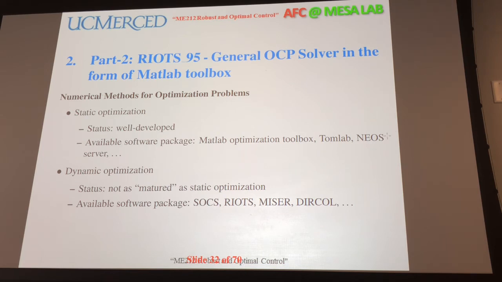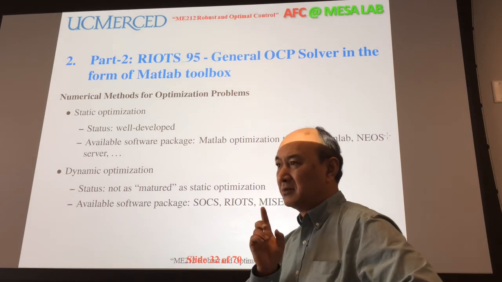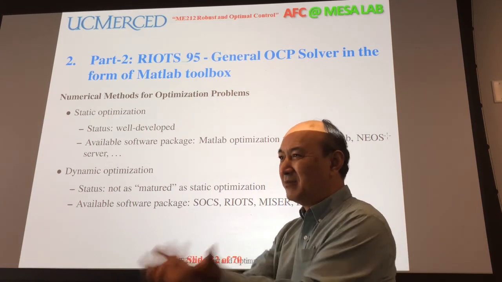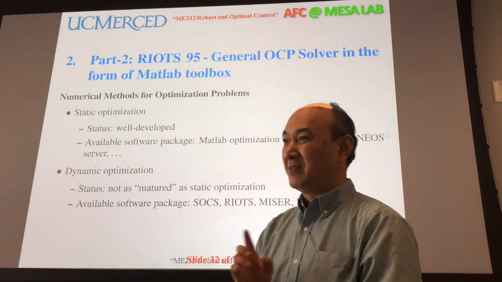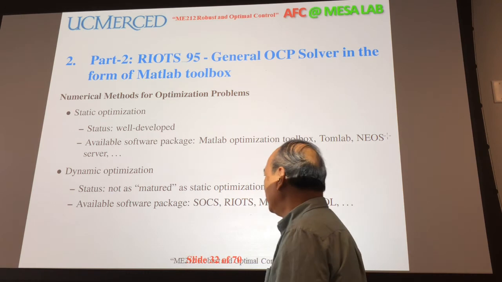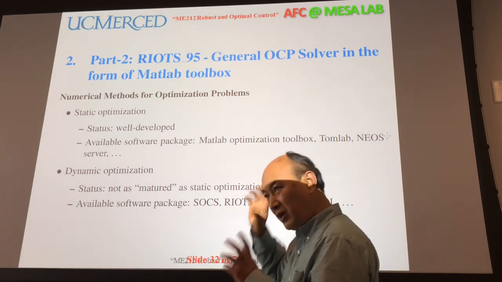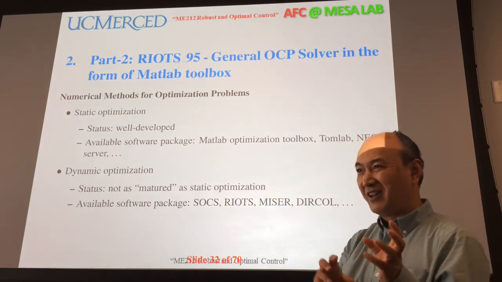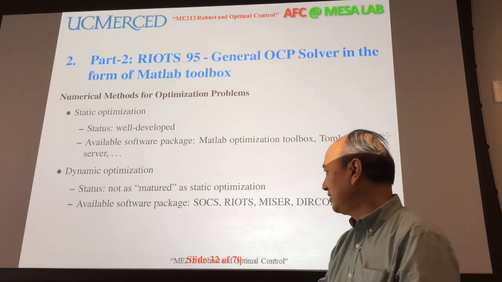But for dynamic optimization, it's not as mature. I have to tell you that solving an optimal control problem, so I give you an OCP, give me an answer, is not that easy. Lab 4 is for you to practice. I hope you get used to this one. Because this is the only one without compiling, linking to existing libraries, and a lot of compatibility issues.